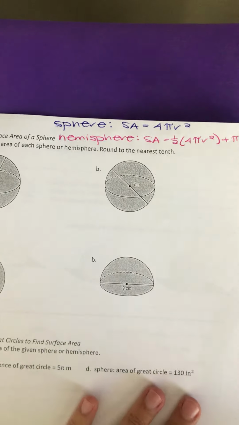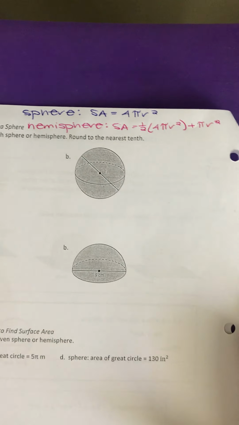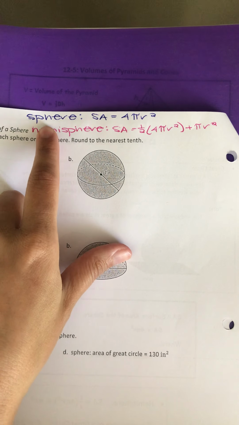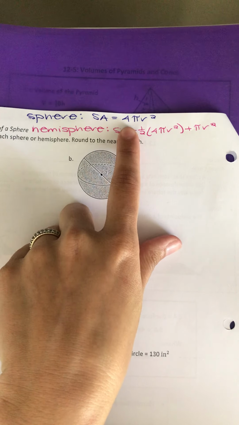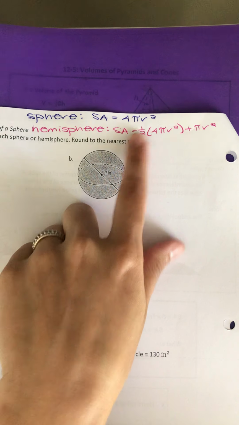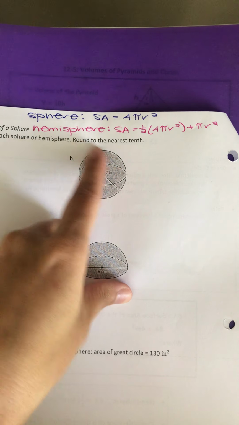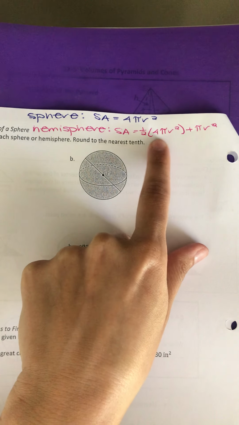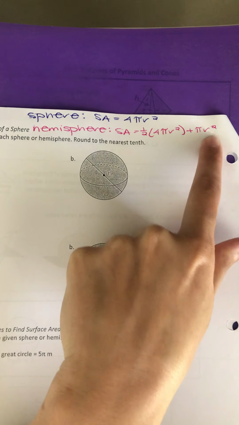So I went ahead and I wrote the formulas up top here so that we have them to look at. So I would write the surface area of a sphere is 4 pi r squared. The surface area for a hemisphere is 1/2 4 pi r squared plus pi r squared.